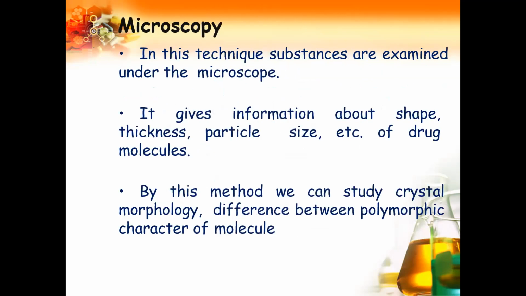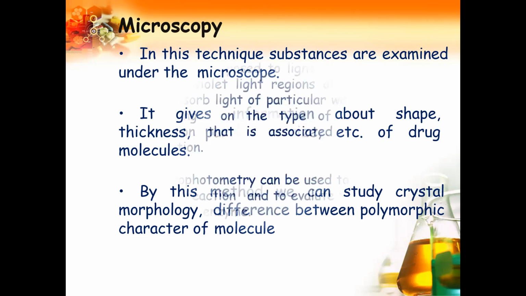The first analytical technique is microscopy, in which substances are examined under the microscope. It gives information about shape, thickness, and particle size of the drug molecule. By using this method, we can study crystal morphology and the difference between polymorphic forms of the molecule.